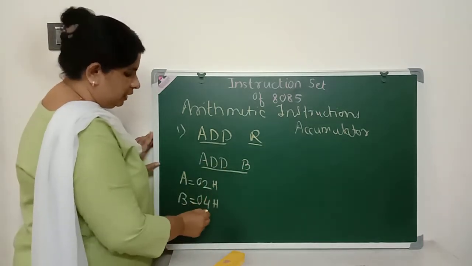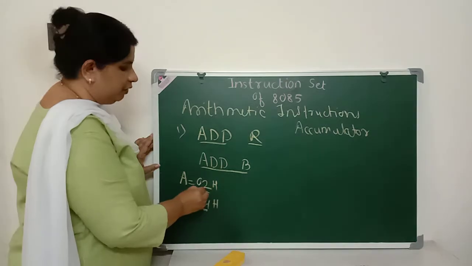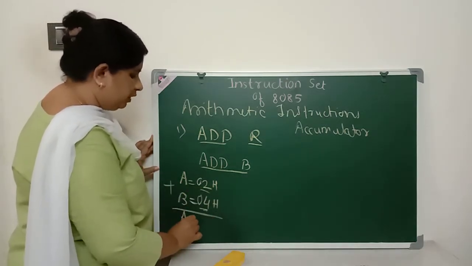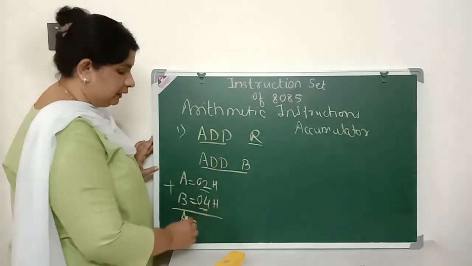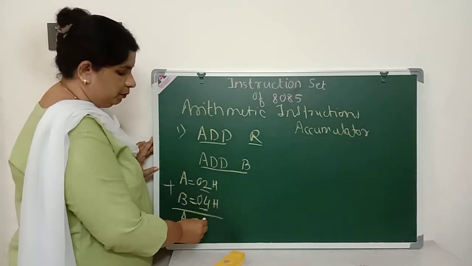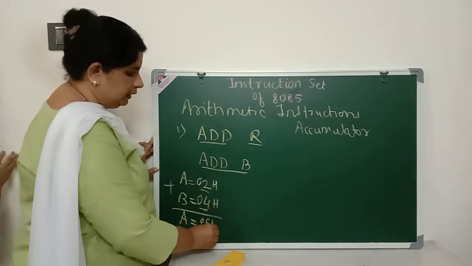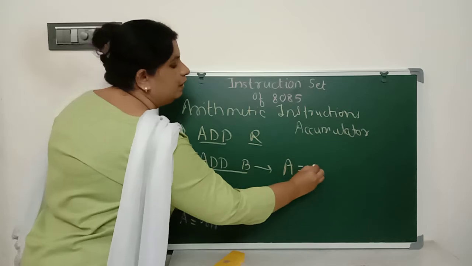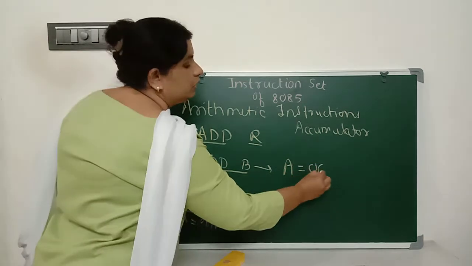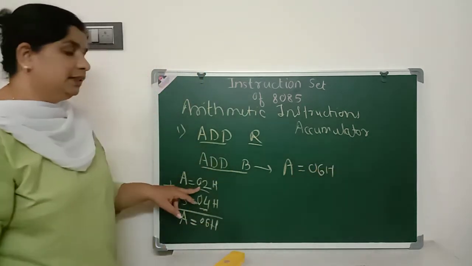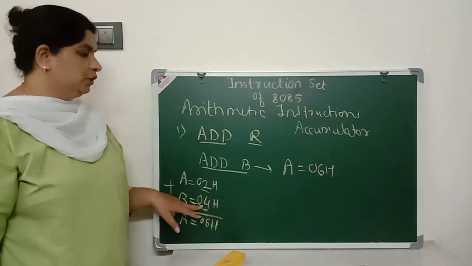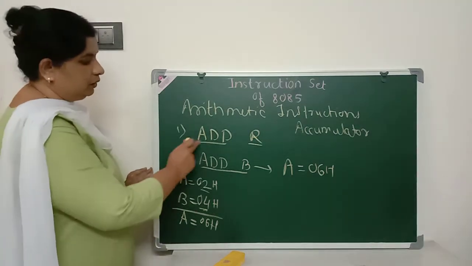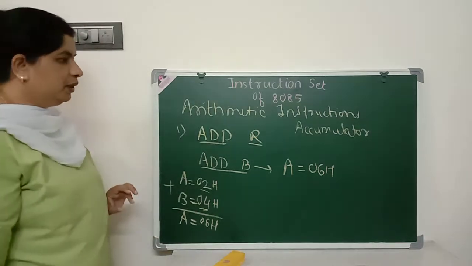The contents of the B register, that is 04, will be added with the contents of accumulator, and then the accumulator will be updated with the result. So 02 plus 04 is equal to 06H. After execution of this instruction, the accumulator will be updated with 06. So this is a simple instruction, the first standard format from the arithmetic group.